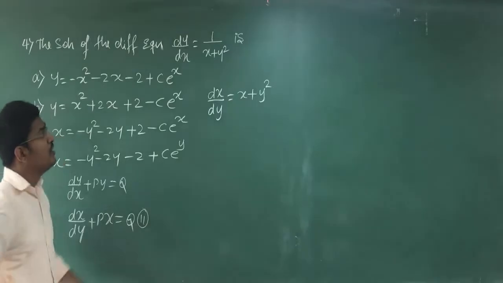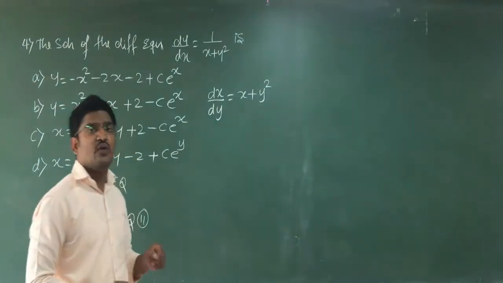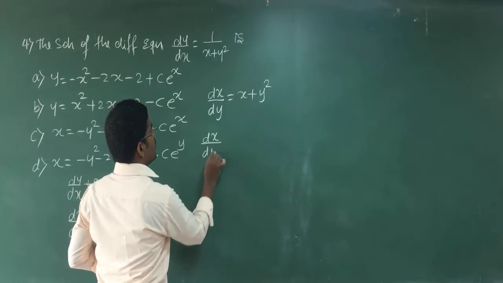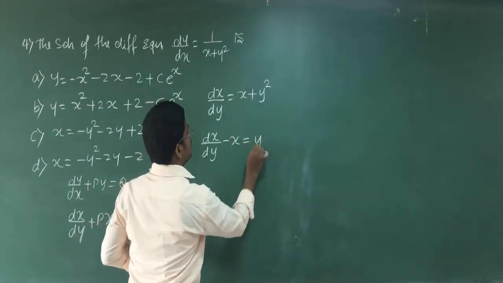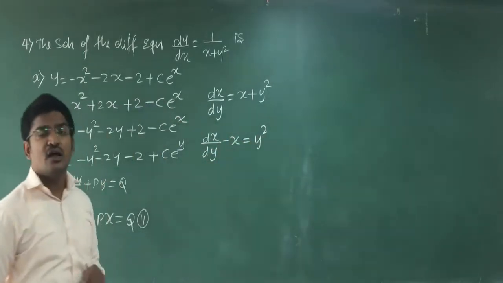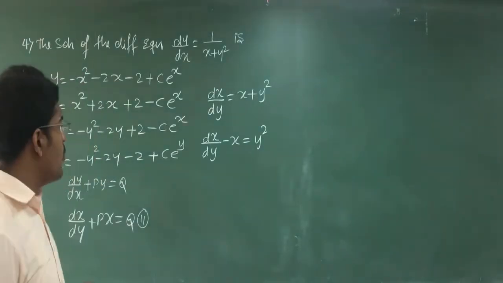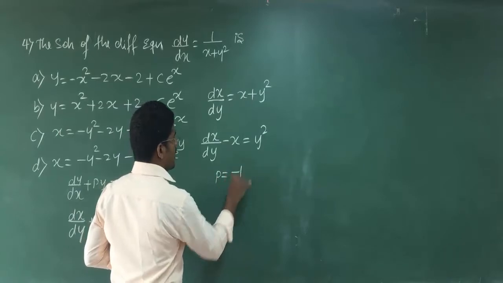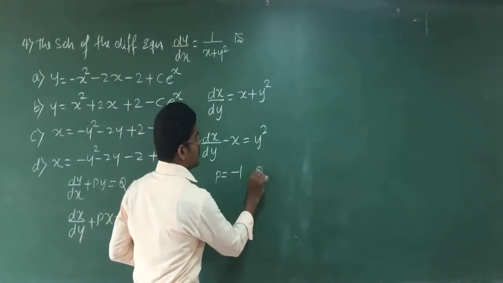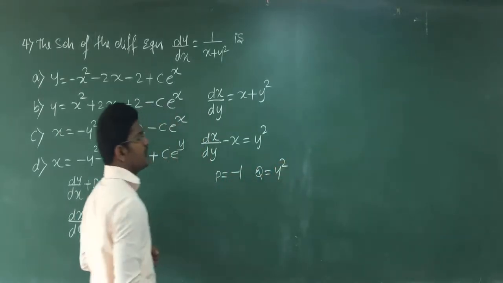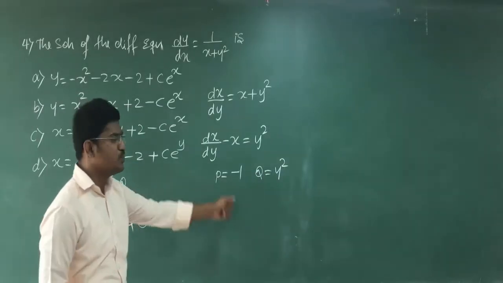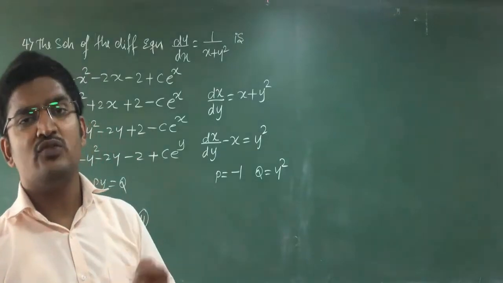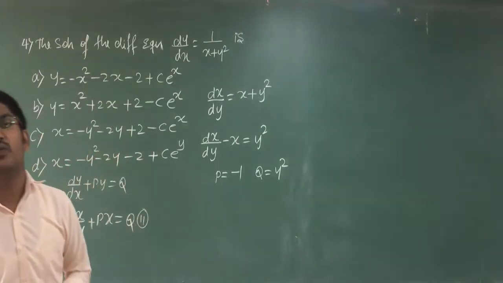That will be dx by dy minus x equal to y square. So now p equal to minus 1, q equal to y square. Clear? Now you have to simplify the integrating factor and then solve your differential equation.